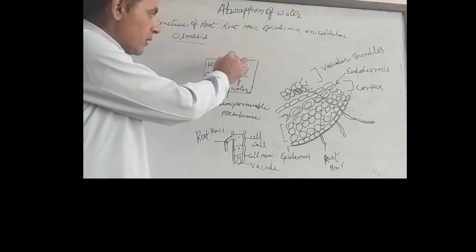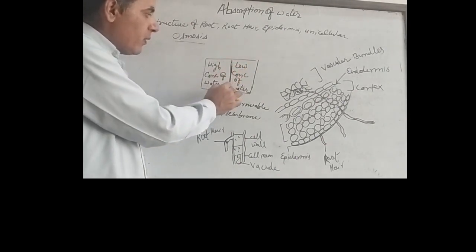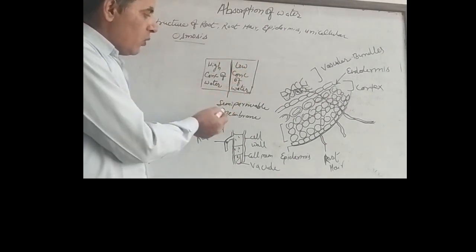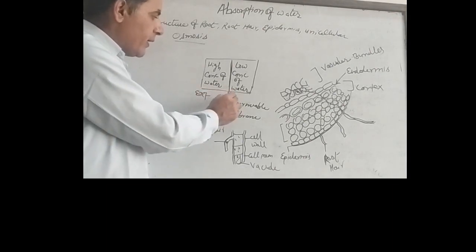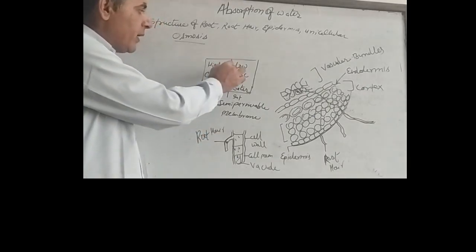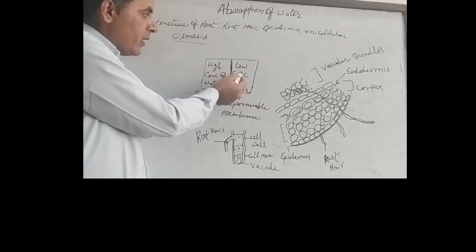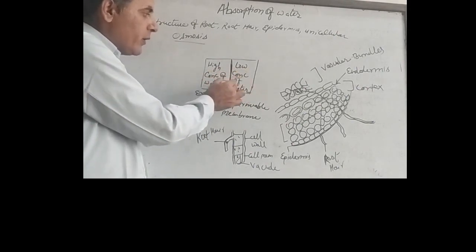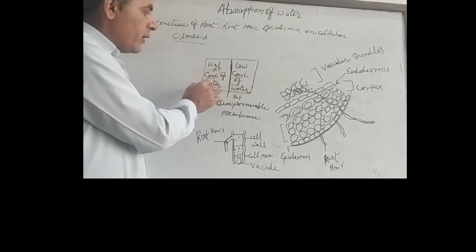Suppose this is a cell and this is the membrane, this is the external environment of the cell, this is the internal environment of the cell, and in between them there is a cell membrane. Inside the cell the concentration of water is low, outside the cell membrane the concentration of water is high.